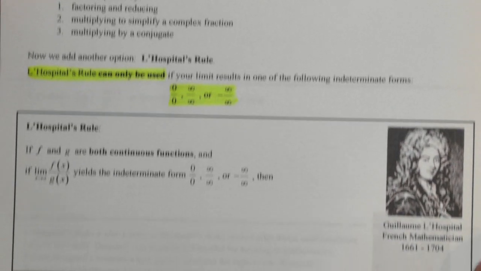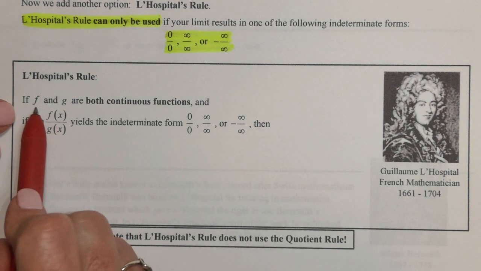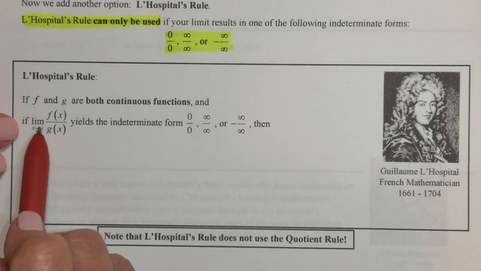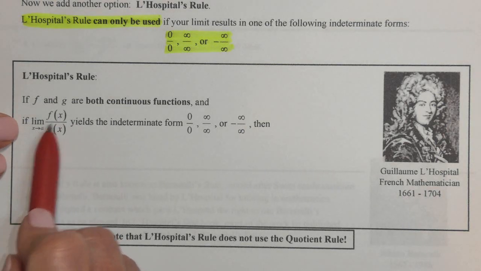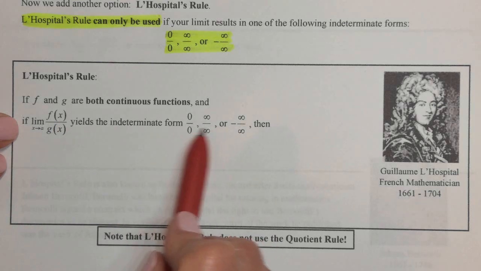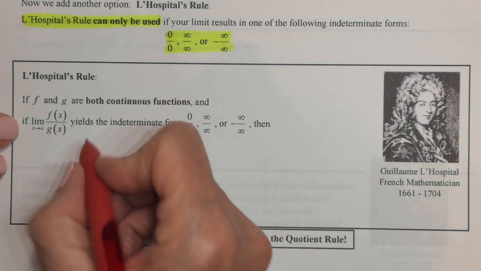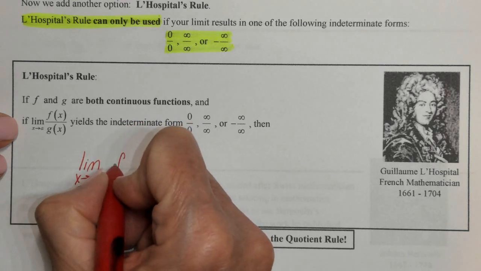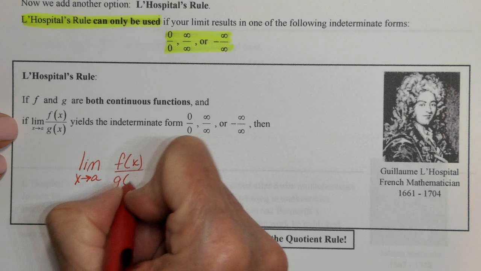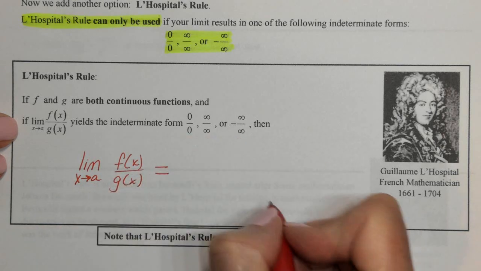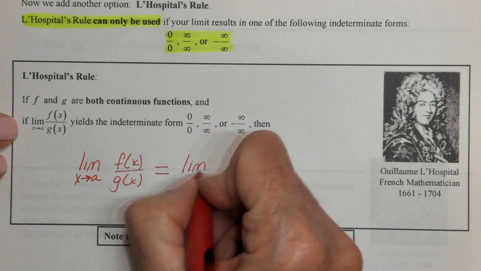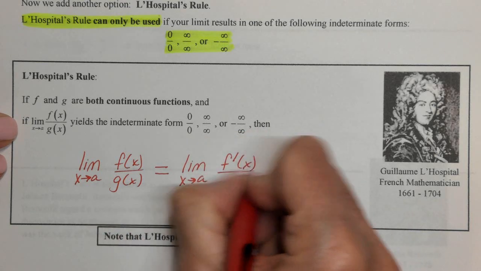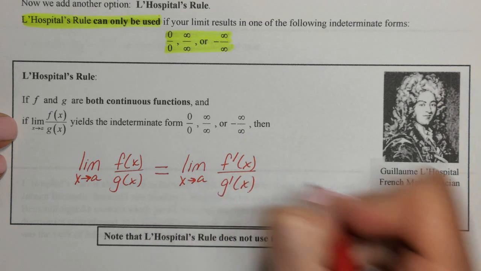Okay, here's how L'Hôpital's rule works. So, if f and g are both continuous functions, and if the limit as x approaches a of f over g yields one of those 3 indeterminate forms, then the limit as x approaches a of f of x over g of x is equal to the limit as x approaches a of f prime of x over g prime of x.